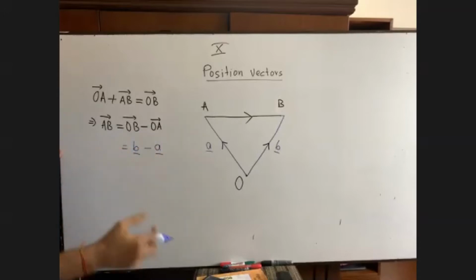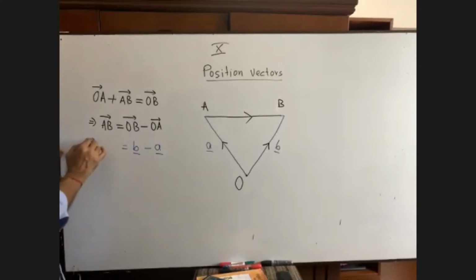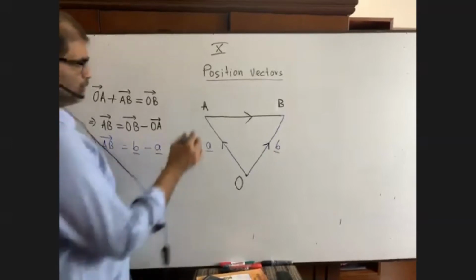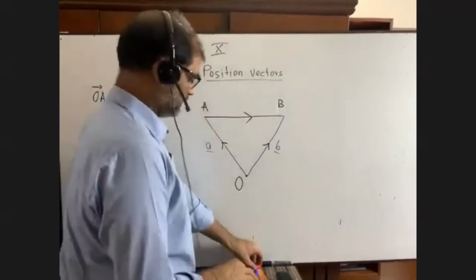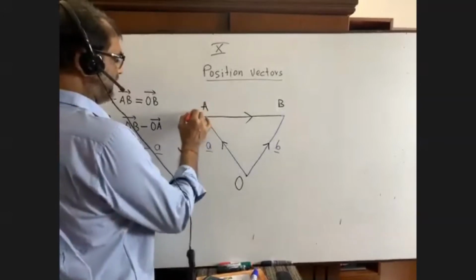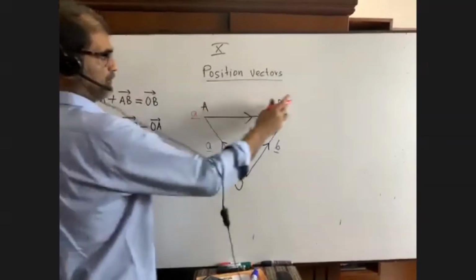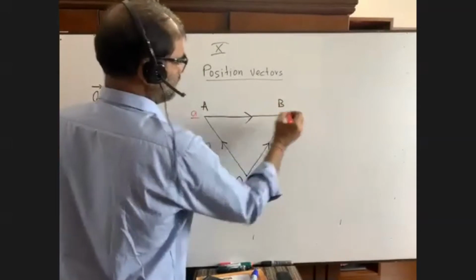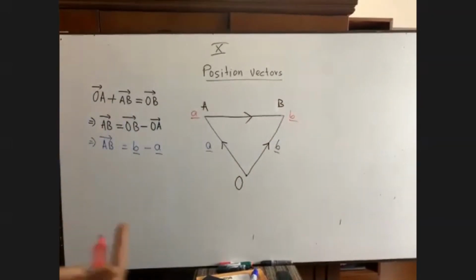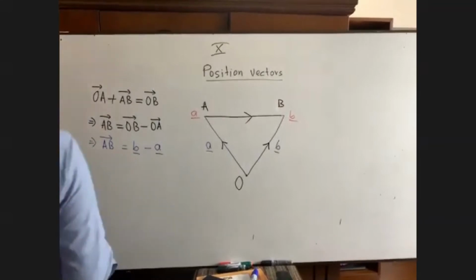So this is a formula, that is AB is equal to B minus A. That means the position vector of A is A and the position vector of B is B. Then we get AB equals B minus A. This is the formula.